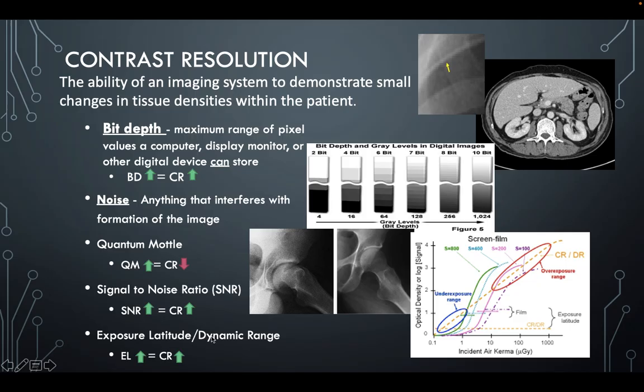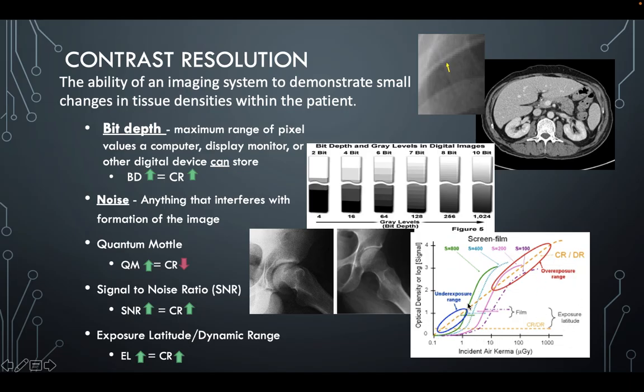And then exposure latitude, dynamic range. As exposure latitude increases, contrast resolution is going to increase because I have the ability to detect a lot more X-ray and actually turn it into a usable image like this. So this is demonstrated in this little chart here.